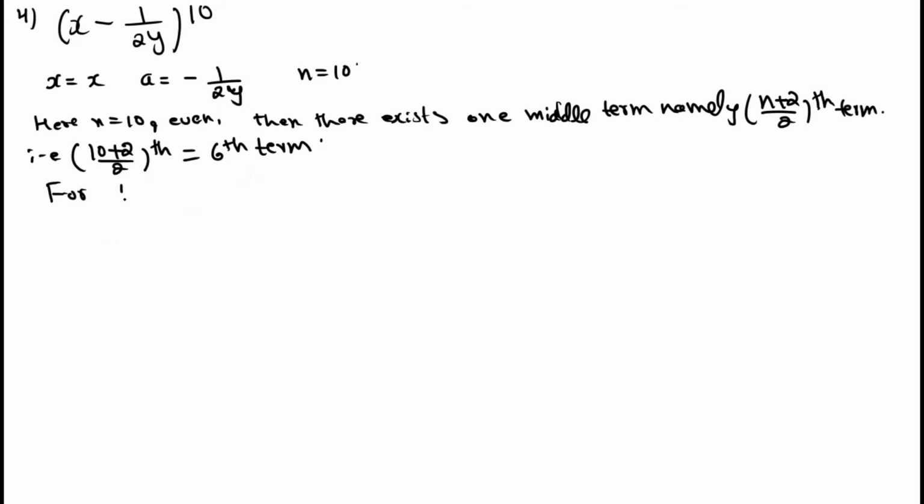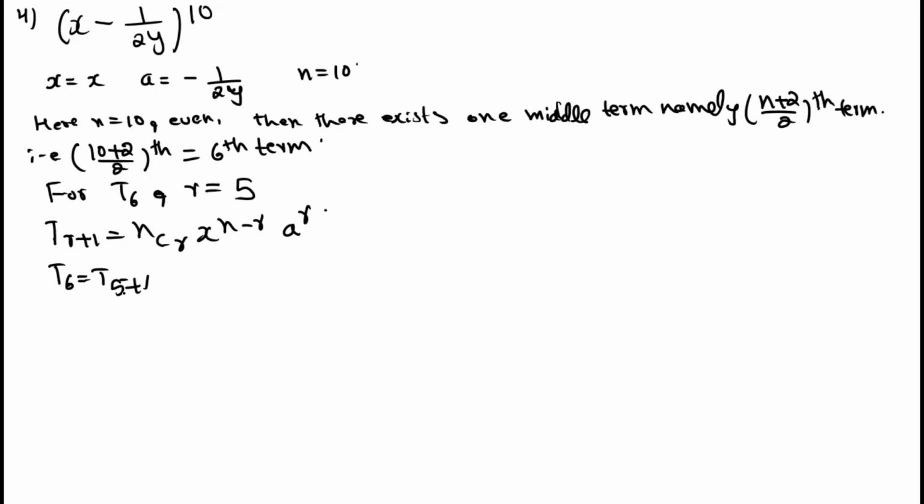For T6, what is the r value? The r value is 1 less than the required value, so r equal to 5. So T(r plus 1) equal to nCr into x to the power n minus r into a to the power r. So T6 can be written as T(5 plus 1).